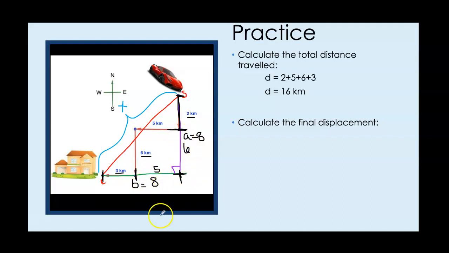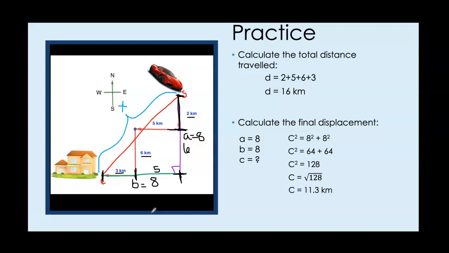Now that I have those values, I can go ahead and find my displacement. So I have c squared equals 8 squared plus 8 squared, which is 64 plus 64, which means c squared is 128. Take the square root of both sides, and I get that c is 11.3 kilometers.